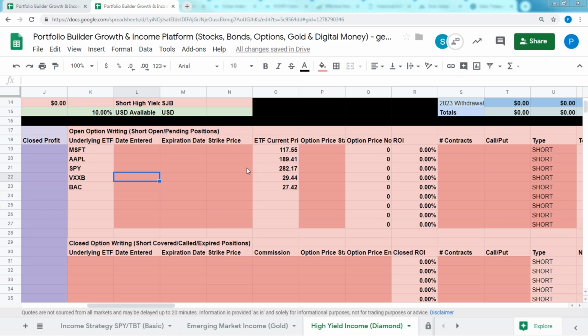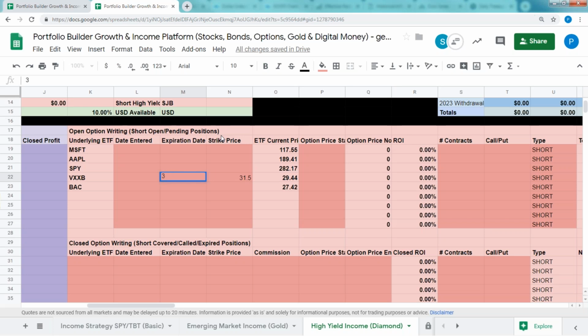Let's say at a 31.5 call at 31.5, March 29 was the first one. That's the expiration.